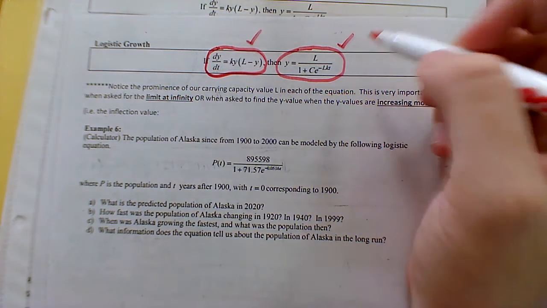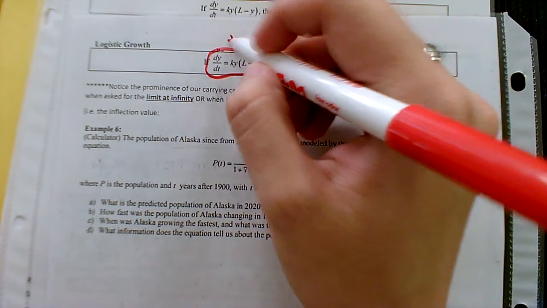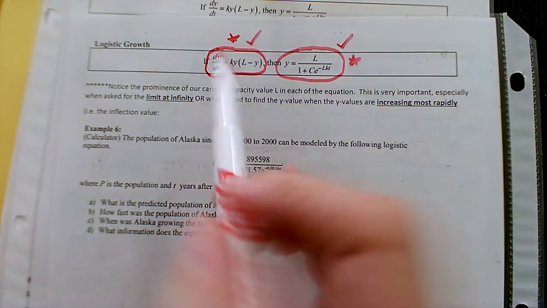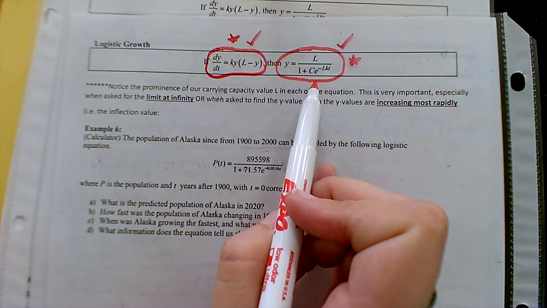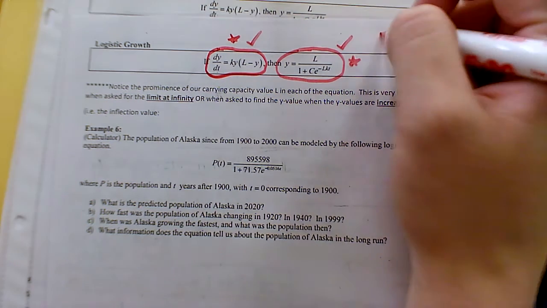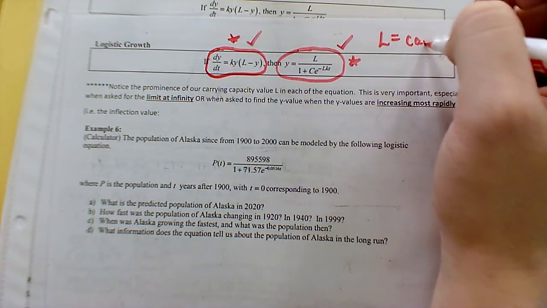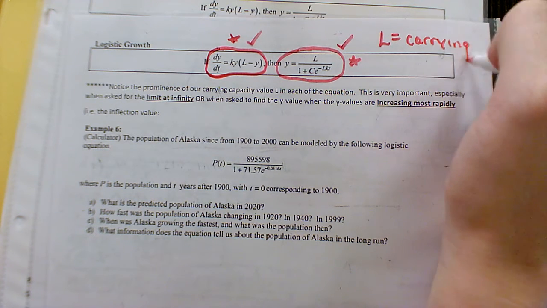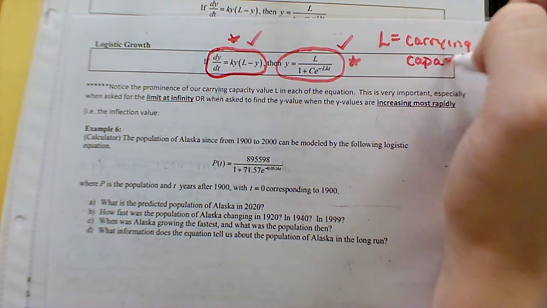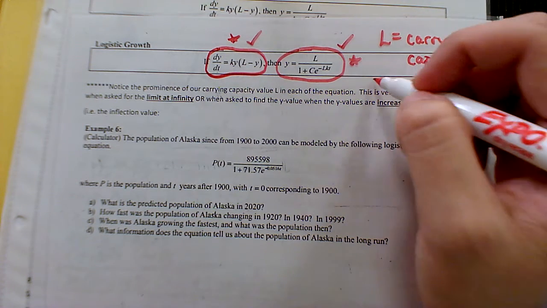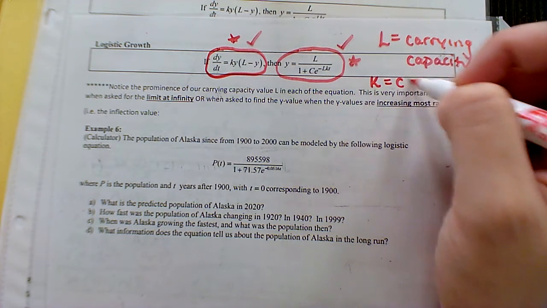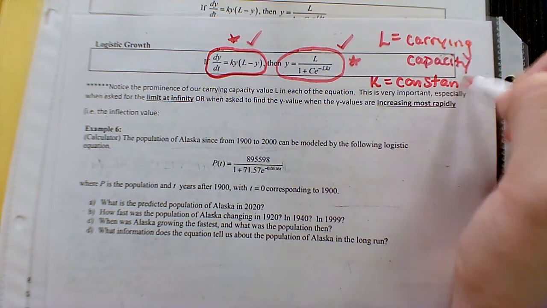So it might be in your best interest to recognize these two: the logistic growth differential and the logistic growth solution. Remember the L is your carrying capacity, kind of your limit, the highest you'll be able to go, and then the k is just some constant.